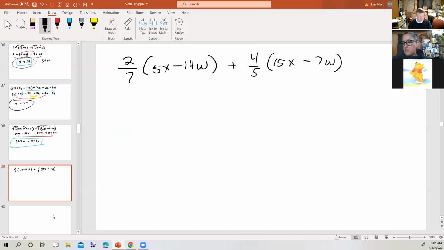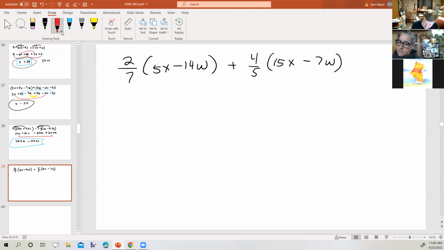The directions say this: do not use parentheses in your answer. And then it says below that, if needed, write the numerical coefficient as a reduced fraction. And we'll talk about that as we go here.